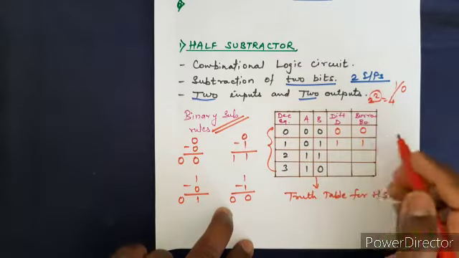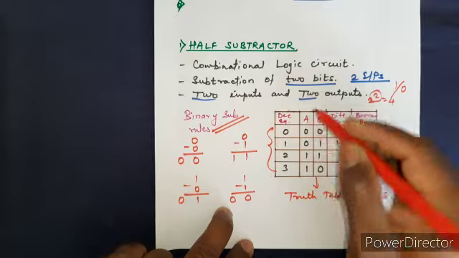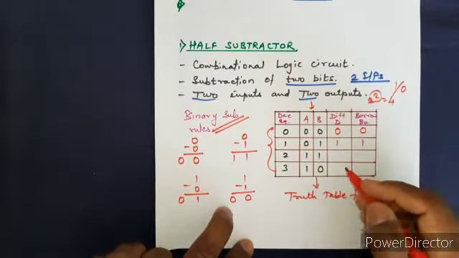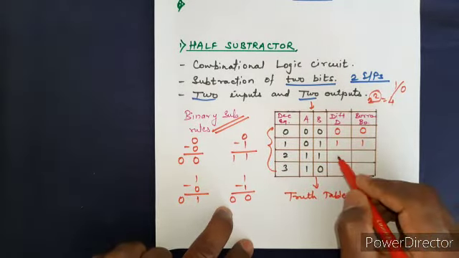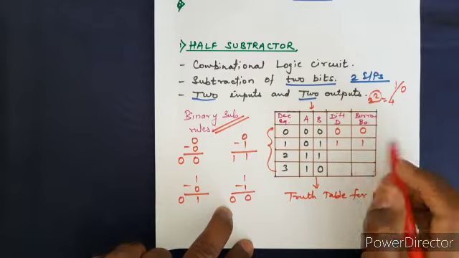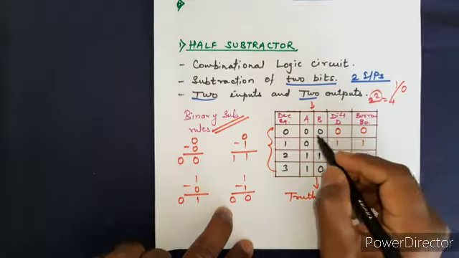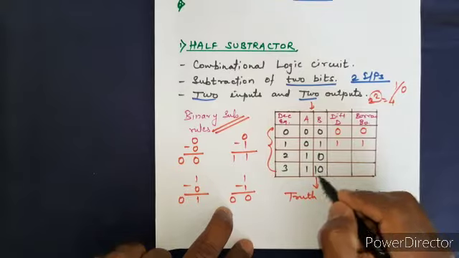I have taken the format of the K-map here, anyway, we have these input combinations. Let me correct it here itself: this is 0 0, 0 1, 1 0, 1 1.